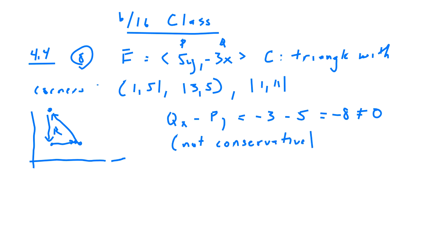If it was conservative, so if that was 0, we would be done, because what would be the integral? 0, right? Because if the vector field or force field is conservative, then if we go over a closed path, we get 0. I should say, I don't think I wrote the full thing.